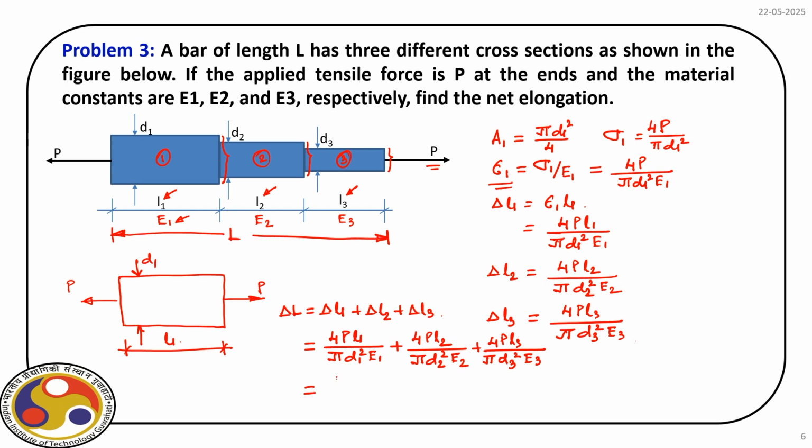You can simplify this, we have 4P by pi common. So, then we have L1 by D1 square E1 plus L2 divided by D2 square E2 plus L3 divided by D3 square E3. So, that is the expression we are looking at.